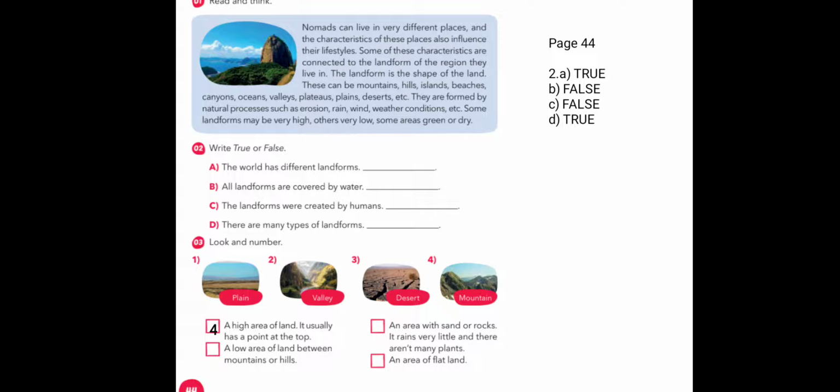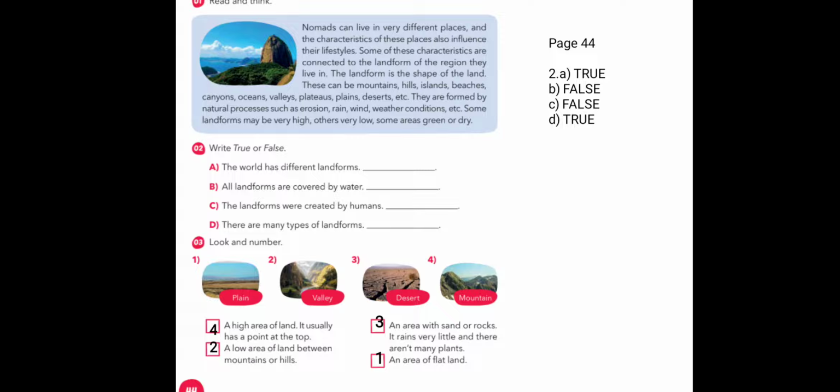A low area of land between mountains or hills. Number 2. Valley. An area with sand or rocks. It rains very little and there aren't many plants. 3. Desert. An area of flat land. Number 1. Plain.